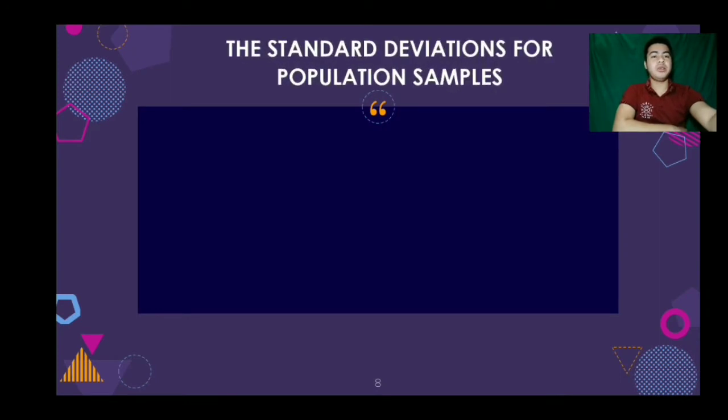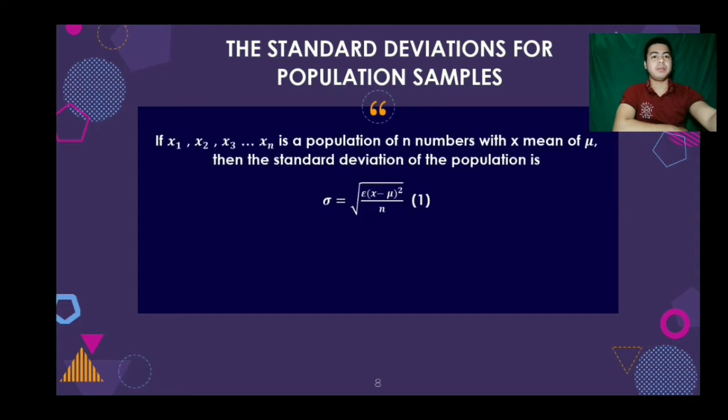So let's proceed to the standard deviations for population and sample. If x sub 1, x sub 2, x sub 3, and so on is a population of n numbers with mean of the population, then the standard deviation of that population is the square root of the summation of x minus the population mean squared, over n.